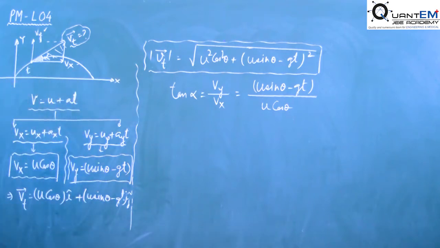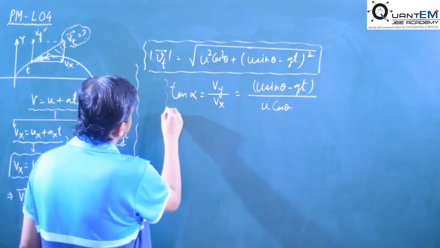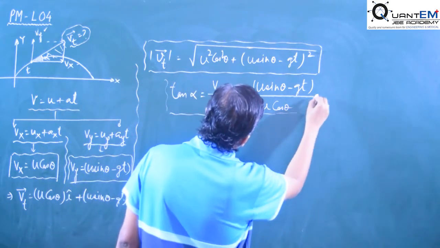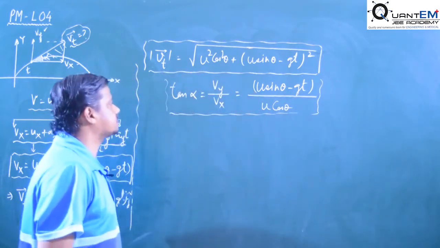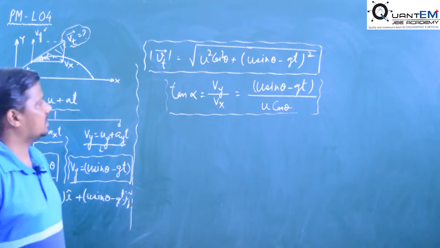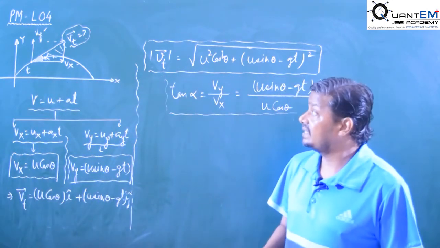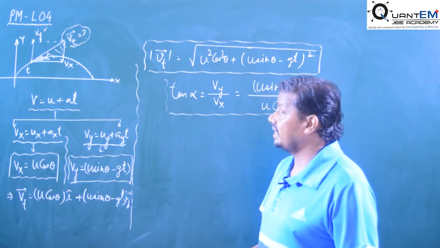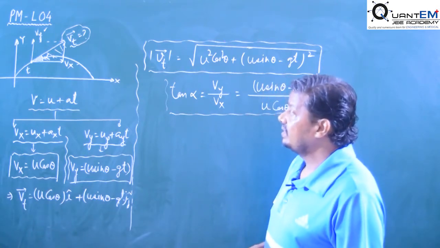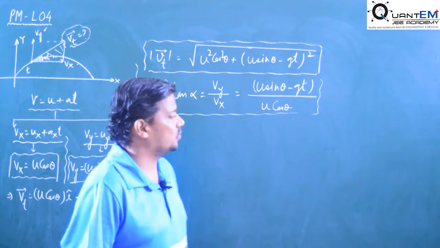So it is the result of the direction of velocity at any time t during motion. Okay. One question was, at two different times heights acquired by a projectile are equal, then we have to find the relation between the times. Then we move to that part only.